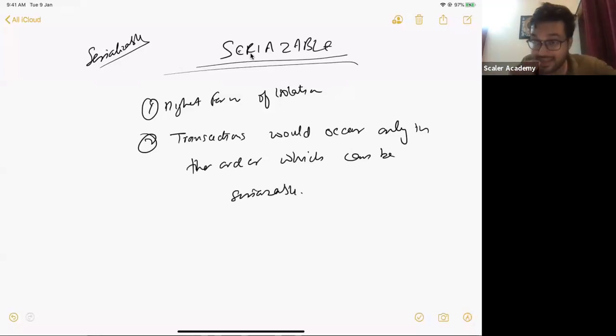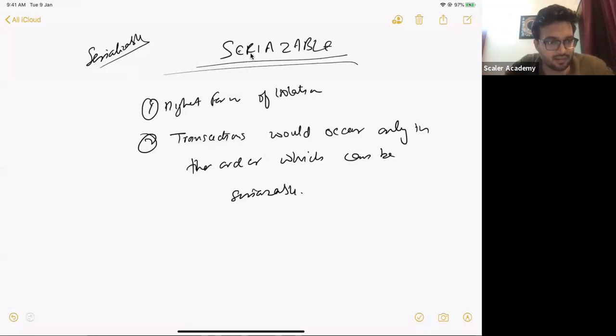Manish says that the transactions will not overlap. That's wrong. If anybody feels that this statement means that no transactions will overlap, that's completely wrong. Do you appreciate why? If I'm giving you a guarantee that no two transactions can overlap, I'm building a very trivial system, just a queue where transactions happen one by one.